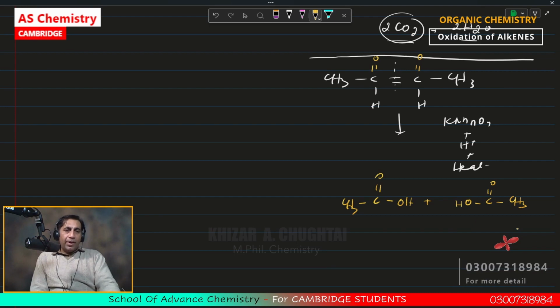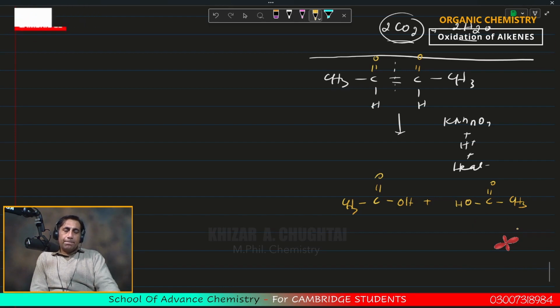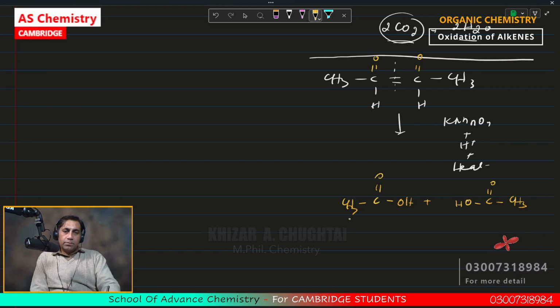So how many types of compounds have been formed in this reaction? What is their name? Good. Ethanoic acid.